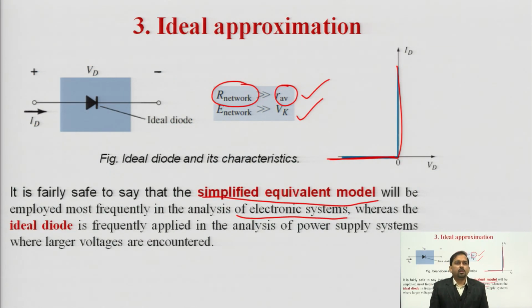And the ideal approximation we are using in rectifier circuits, where we assume that our diode is ideal, meaning the cut-in voltage is 0 and the average resistance offered by the diode is also 0, because it will reduce the complexity while we are performing calculations.